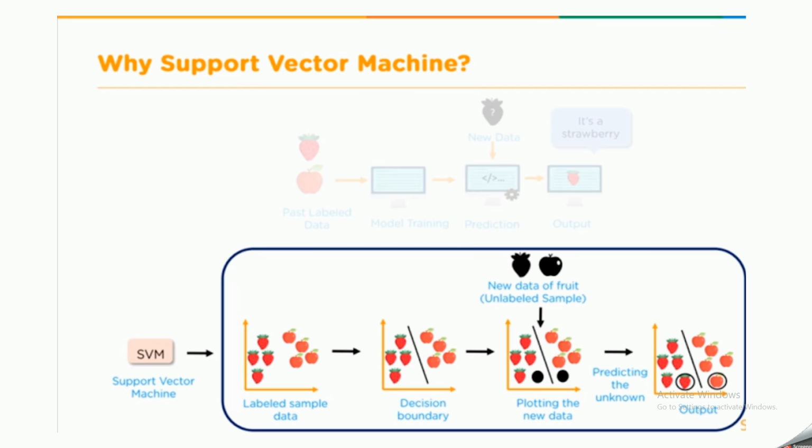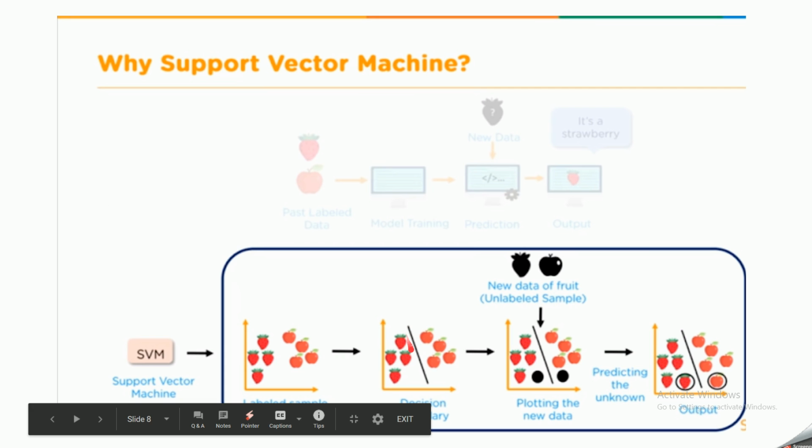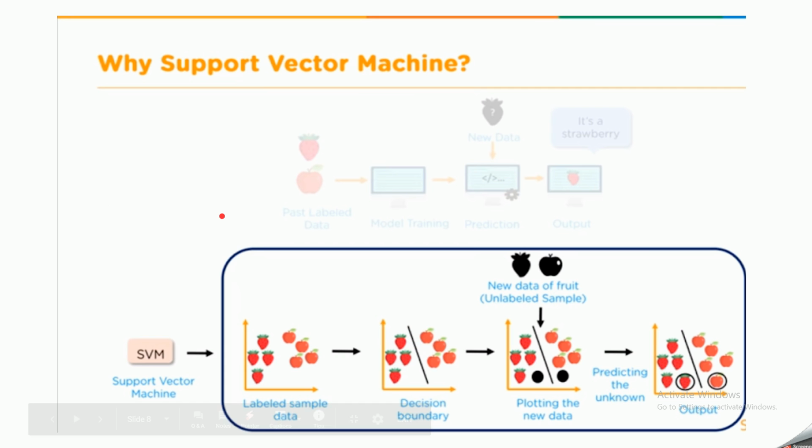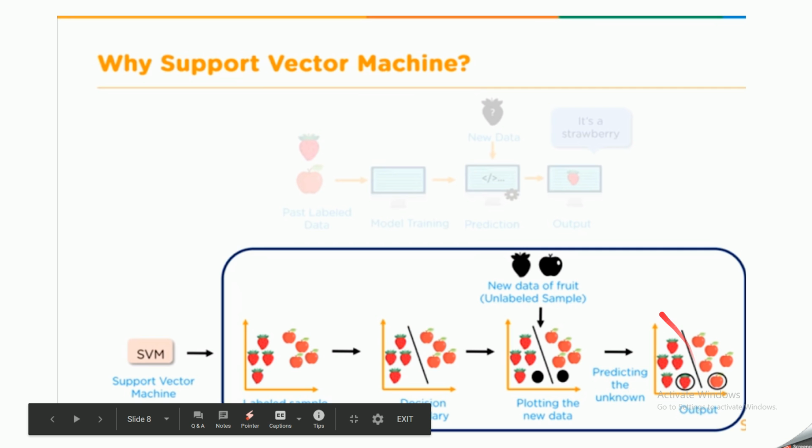SVM basically draws a boundary, which is called your decision boundary. And once the boundary is made, when we give new data, which is the unlabeled data, with the help of SVM we can correctly classify that new data and place it in the particular set.